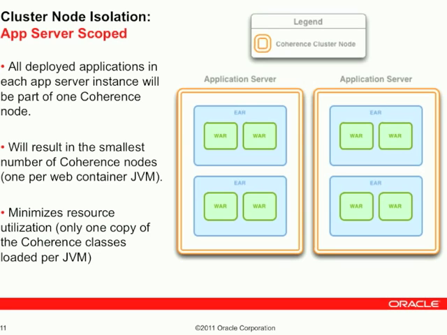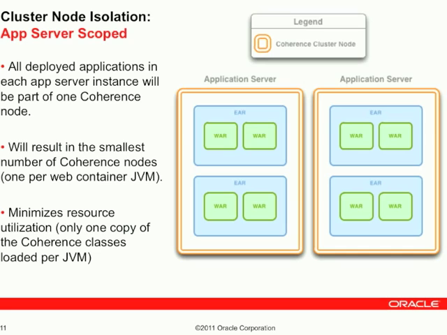And if we deploy multiple Coherence Web enabled applications to this Oracle GlassFish server, they'll all share the same cluster service, resulting in the smallest number of members, one, that is possible for a deployment. This also has a nice benefit of ensuring that you only have one copy of the Coherence classes in memory, literally one instance of the Coherence class files per JVM.